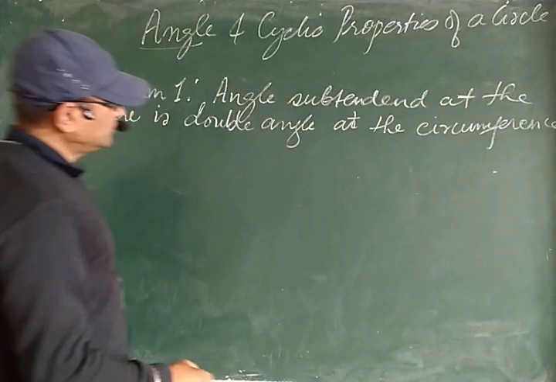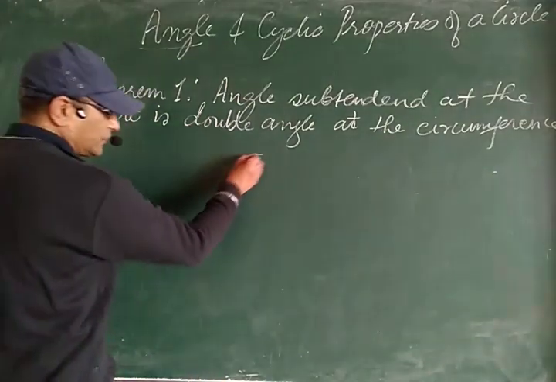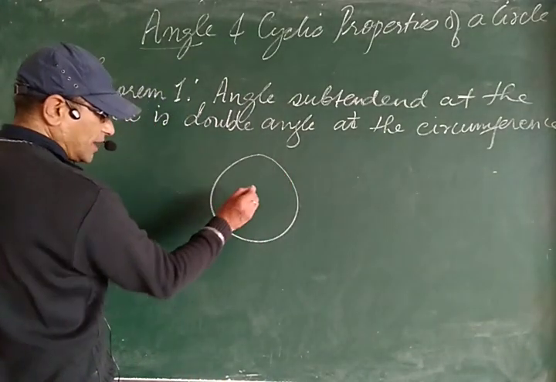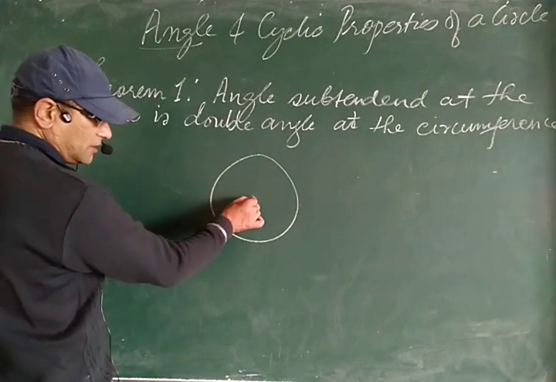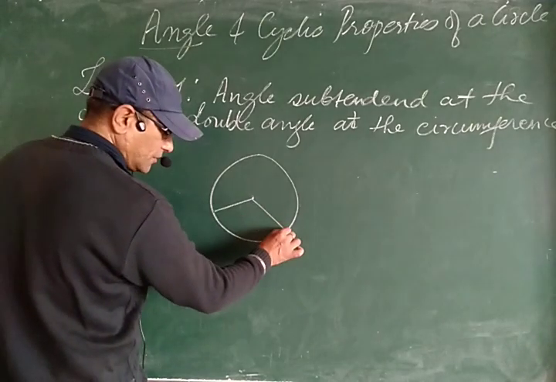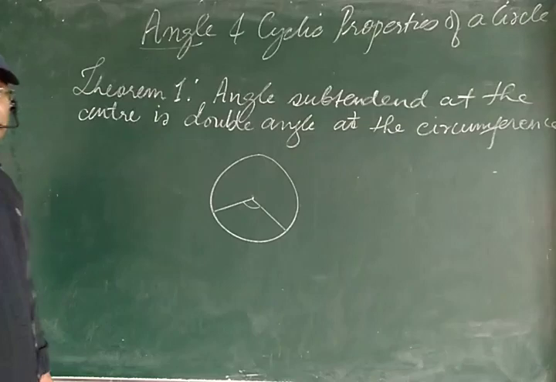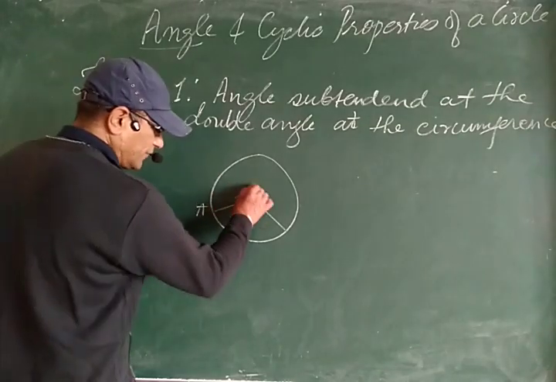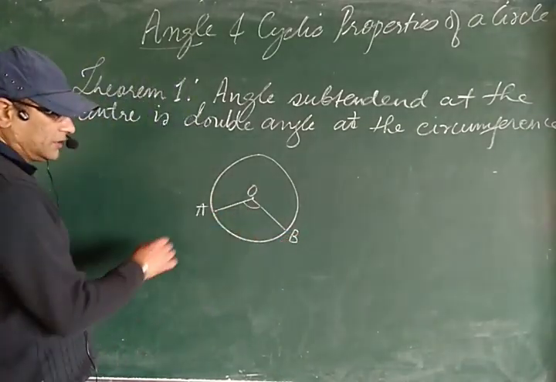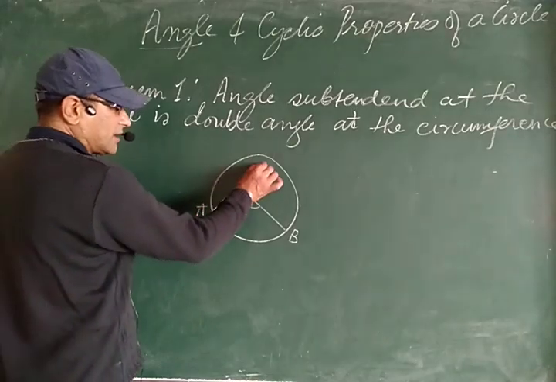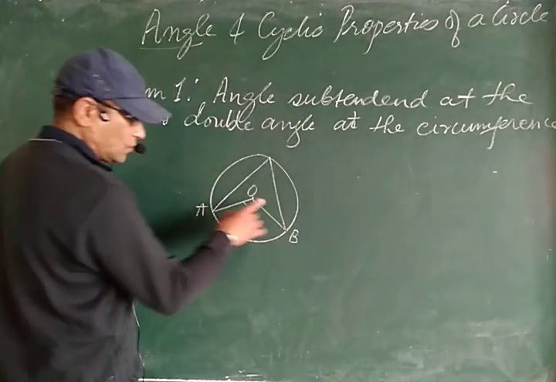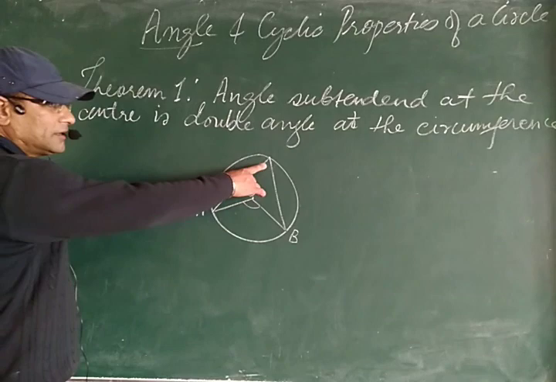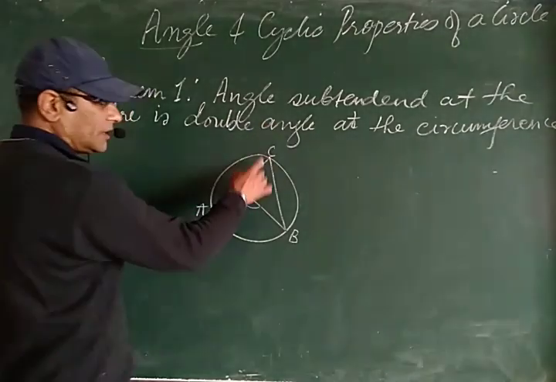Okay, what that means is, if an angle is formed at the center by any 2 lines, this is the center of the circle, an angle is formed over here. Let's name this as reflex angle AOB. Now if any other angle has been formed at the circumference also, one angle is formed at the center, another angle is formed at the circumference.